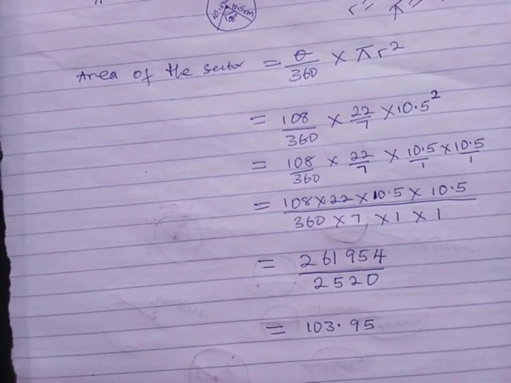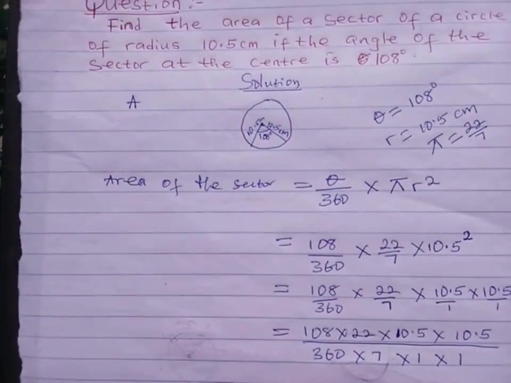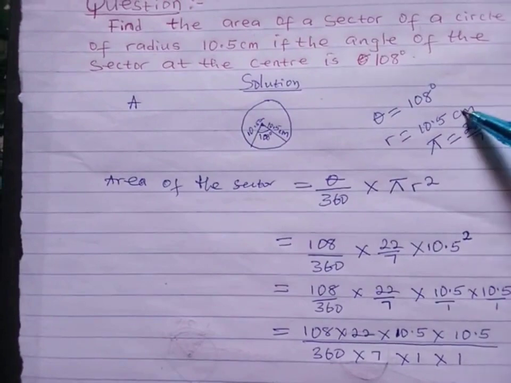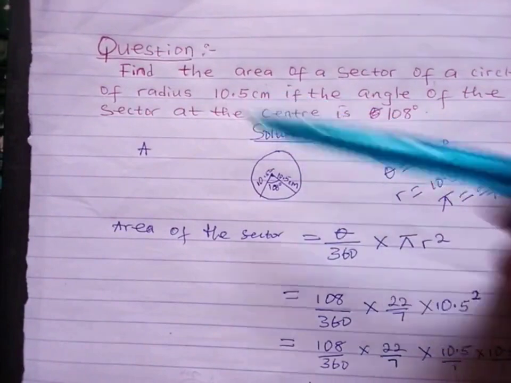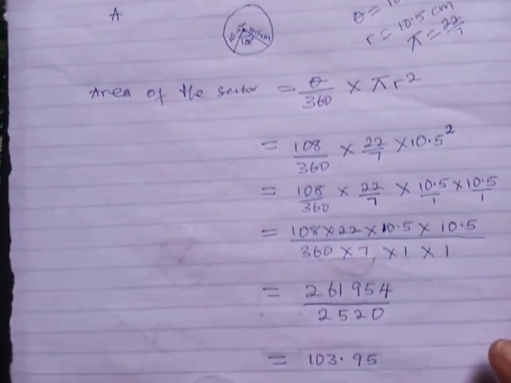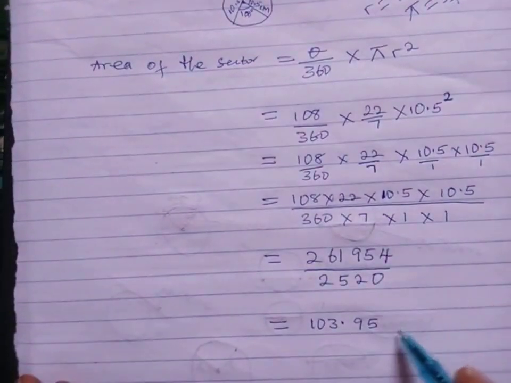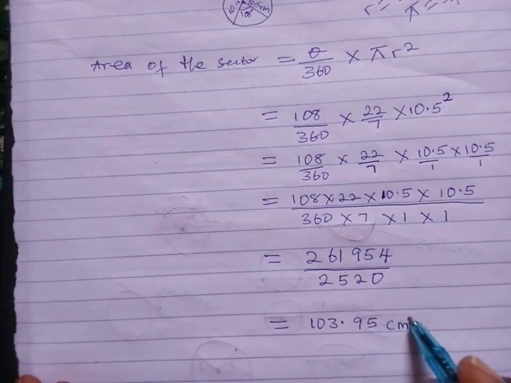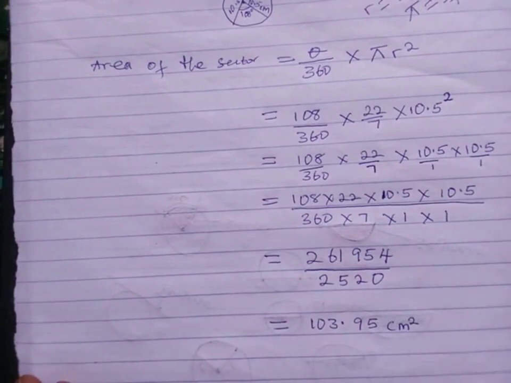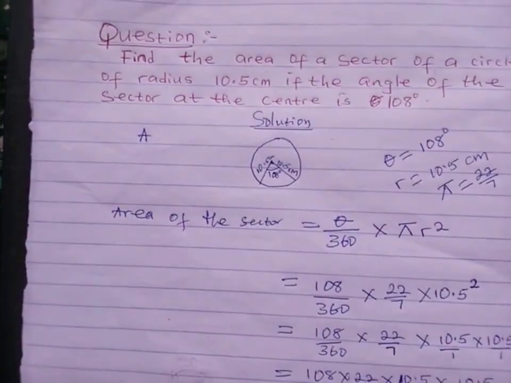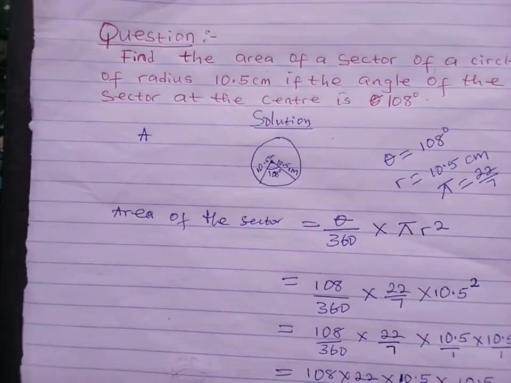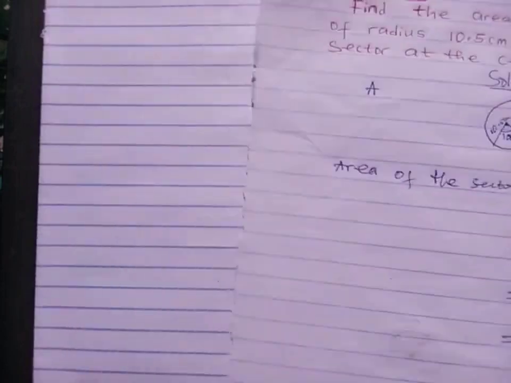Since it is area and the radius is given in centimeter from the question, the unit of this very area is going to be centimeter square. So this is how to calculate the area of the sector of a circle.